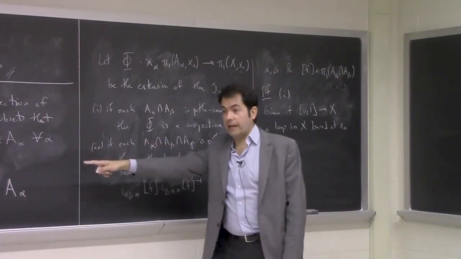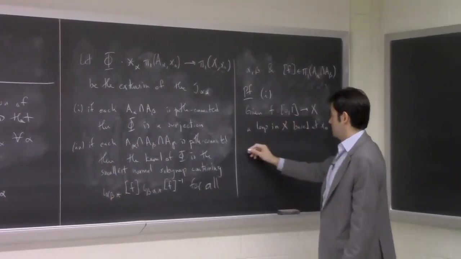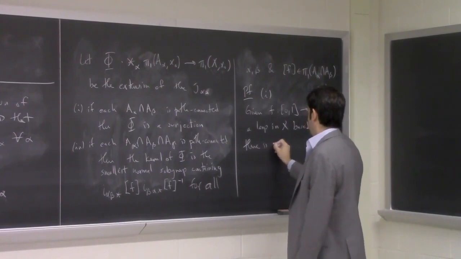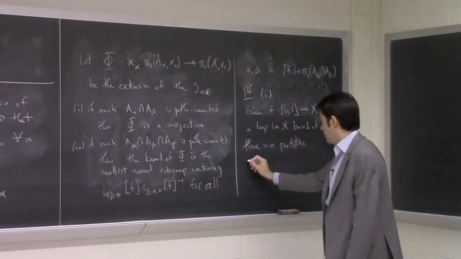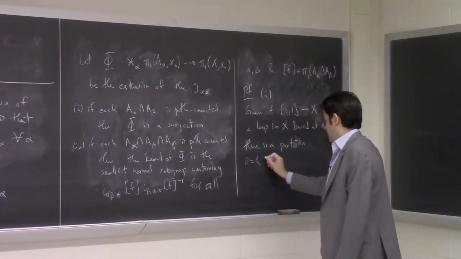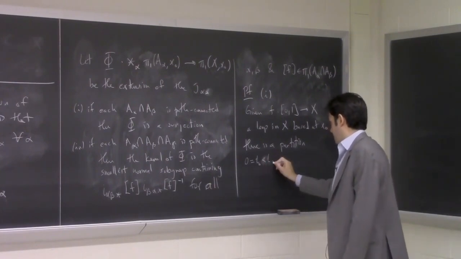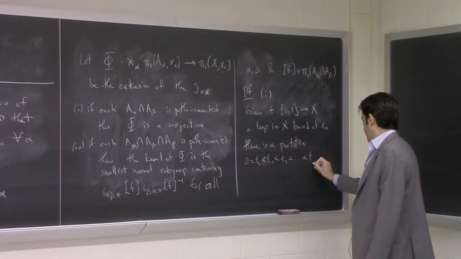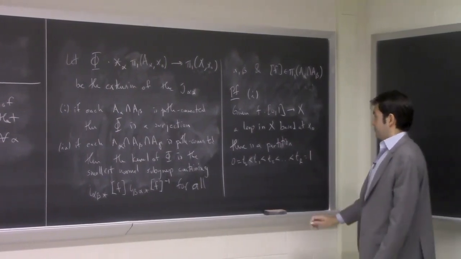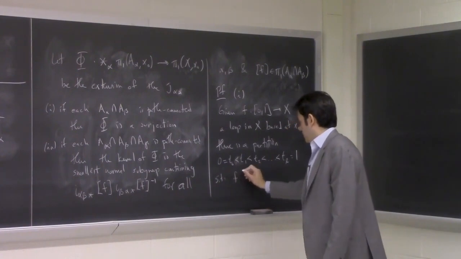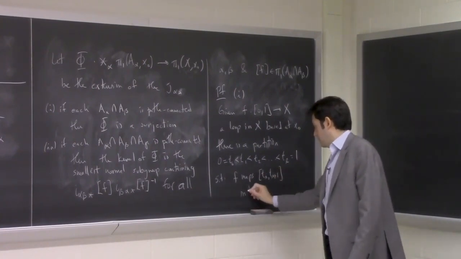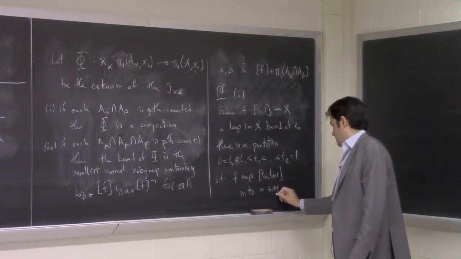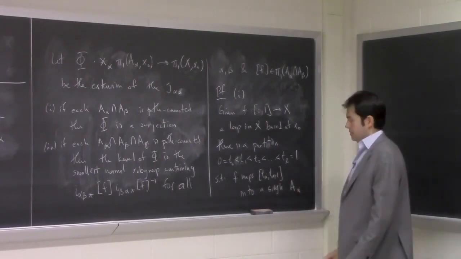Well, the A alphas cover X. So I can find a partition of the interval, a finite partition, such that f maps [t_i, t_{i+1}] into a single A alpha.